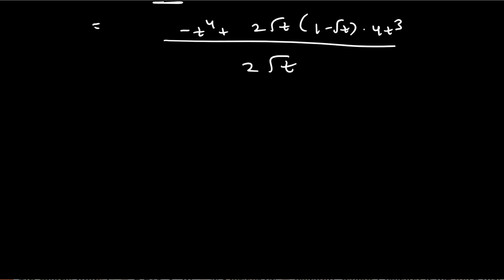Now let us continue simplifying. So on top we have minus t to the 4th plus, we're going to multiply this through here.